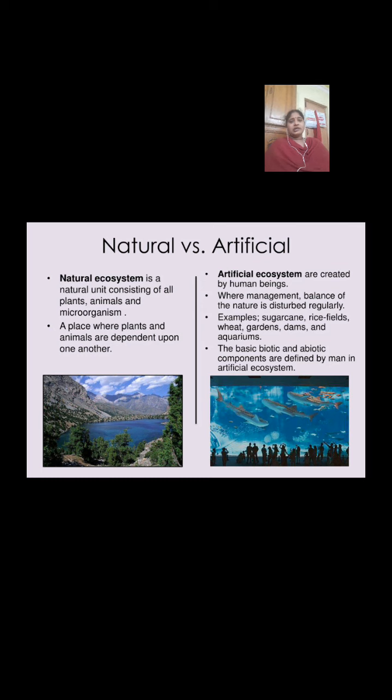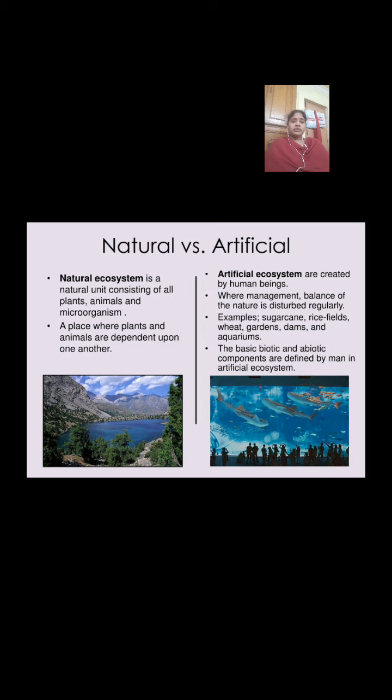So the ecosystem which is created by man is called an artificial ecosystem. It is created by human beings. And the ecosystem which is naturally formed is called a natural ecosystem. A place where plants and animals are dependent upon one another is known as a natural ecosystem.